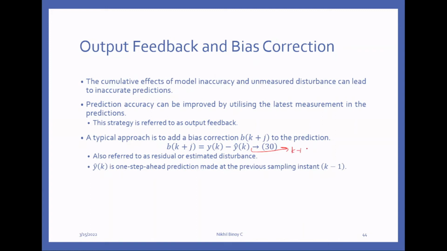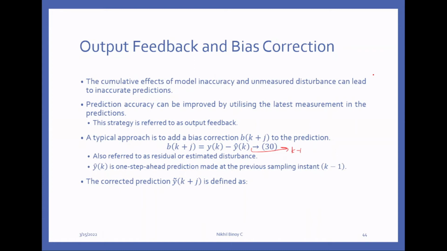That is also very important. At the previous instant, y cap(k) is predicted, and that one is used to measure the residue at the current instant. So the corrected prediction, with small y here, means the j step ahead prediction only, not multi prediction.